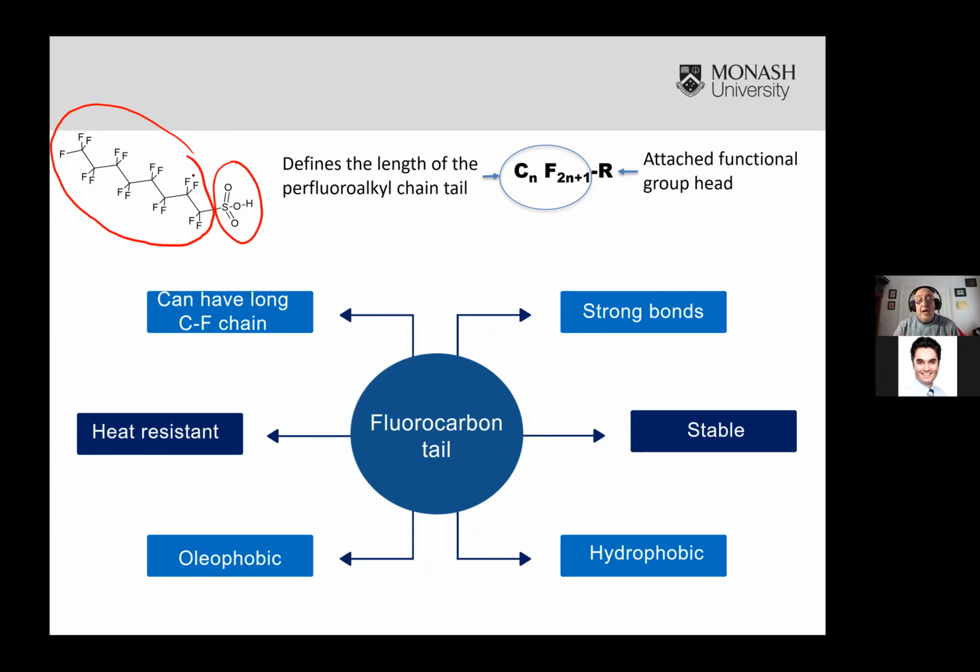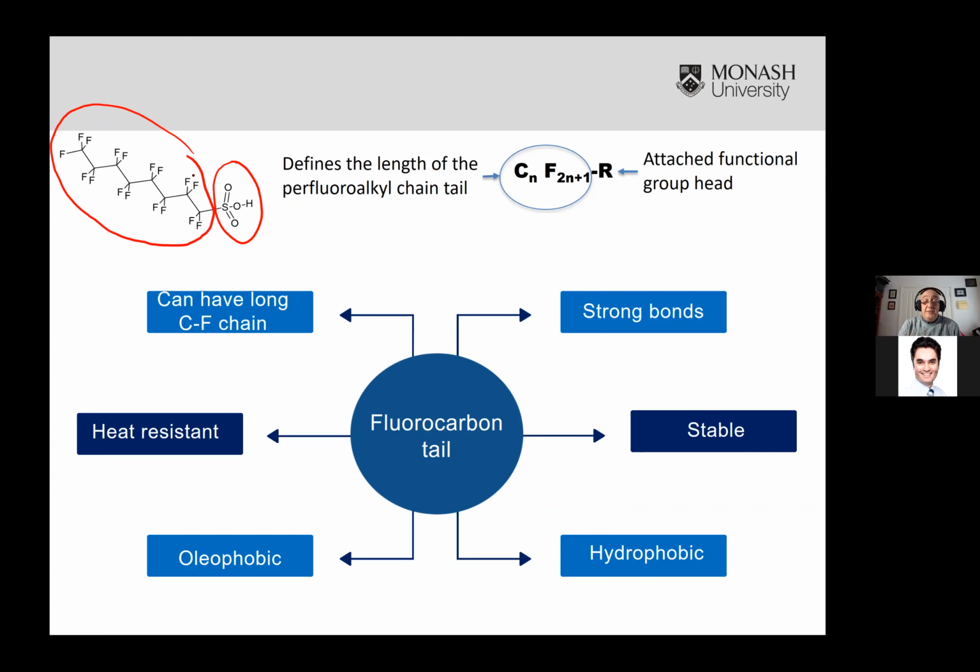So it is a fluorocarbon tail because of the CF connections. It has very strong bonds. Actually, the CF is one of the chemically strongest bonds we know of. It is very stable. That's why it makes it very persistent in the environment. It is hydrophobic, so it is water repellent, as well as oleophobic. So they have a dual type of properties.